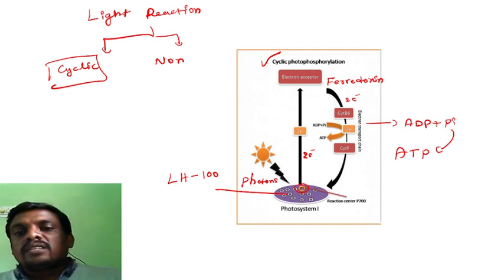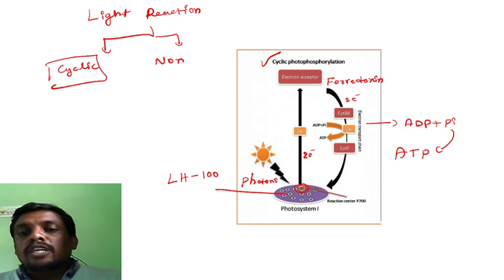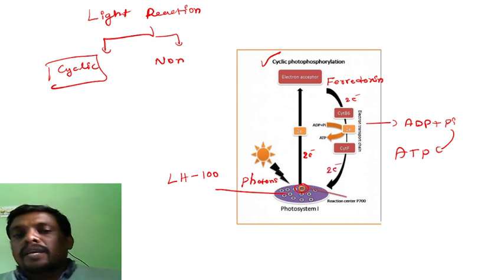From cytochrome B6, electrons move into cytochrome F, where phosphate is captured, which helps to form ATP. From cytochrome F, finally 2 electrons reach the light harvesting complex and photosystem 1.